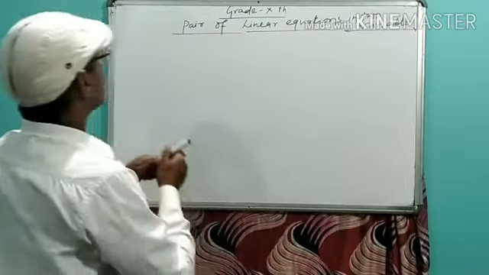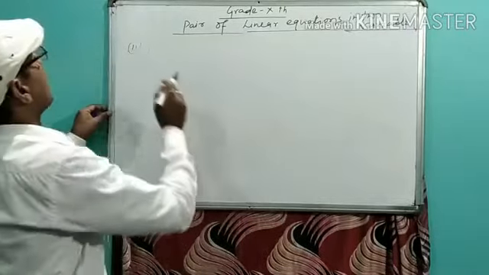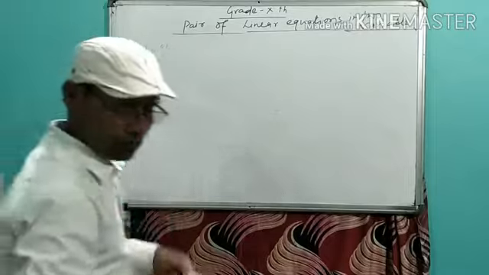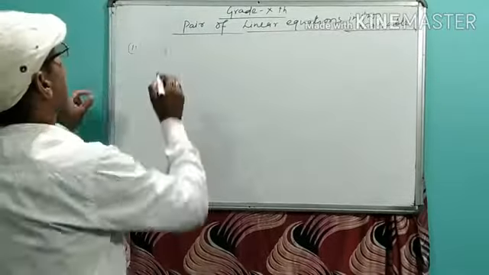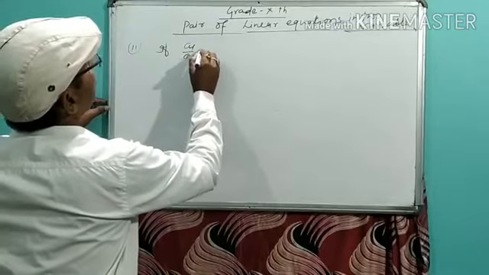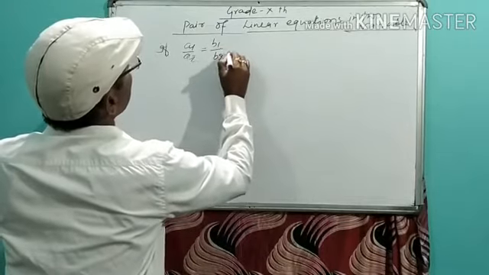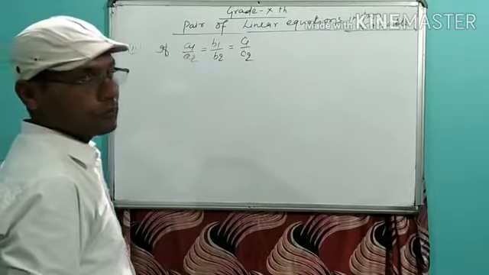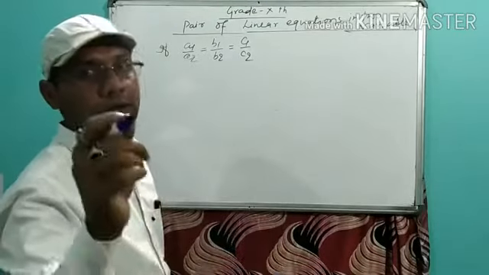Condition number 2. If a1 by a2 is equal to b1 by b2 is equal to c1 by c2. My dear, we are going to compare the coefficient of x, y and the constant term.